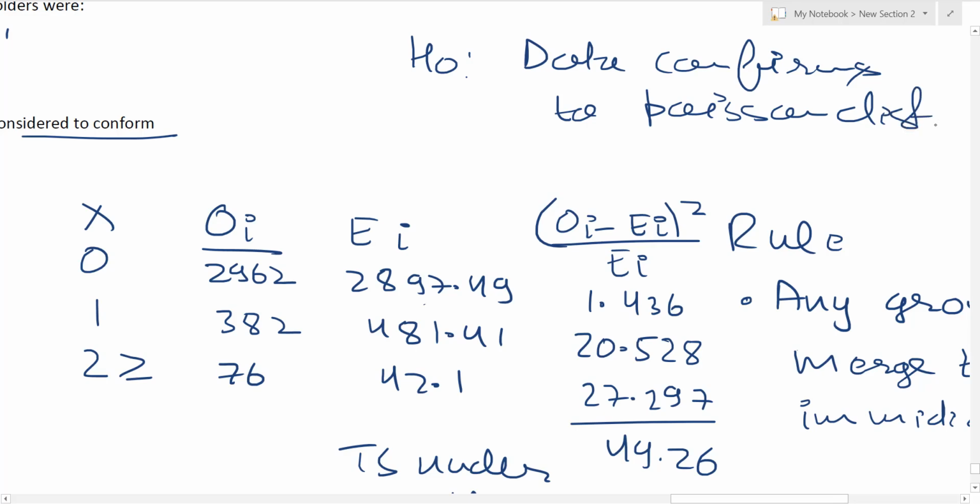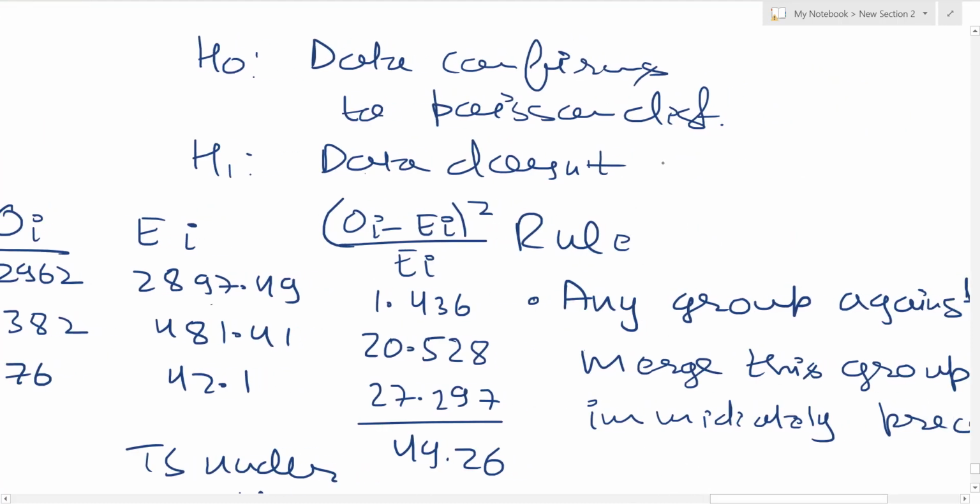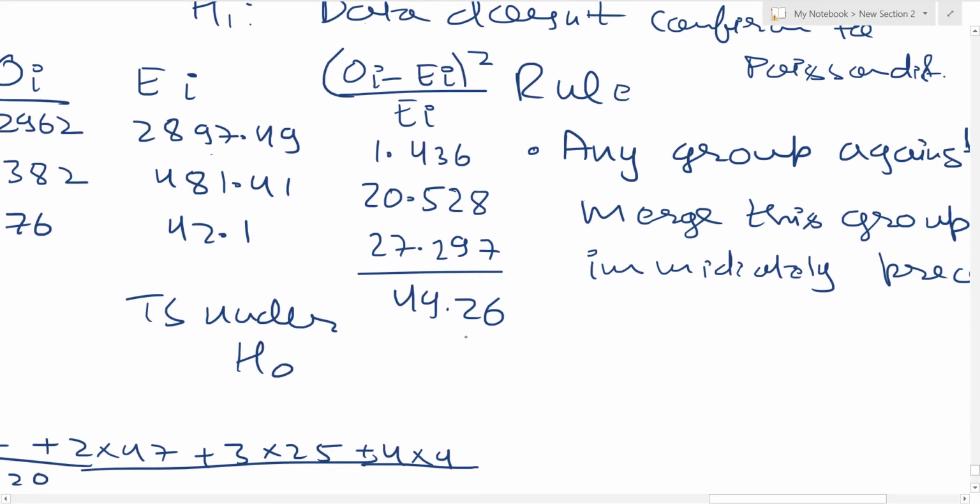So that this data that we had gotten is from the Poisson distribution, and H1 is that data doesn't conform to Poisson distribution. Okay, these are your hypotheses. Okay, so under H naught, this is your test statistic.